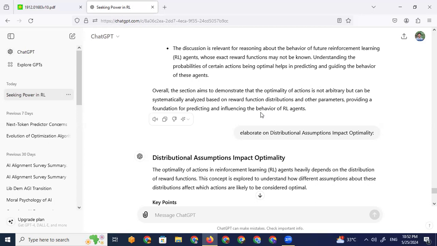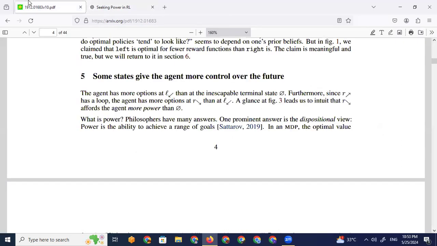We could analyze the RL agent, what it is doing and its behaviors, based on the reward function distributions. So we could take in the reward function distribution and analyze the behavior of the model, which is quite straightforward, I should say.